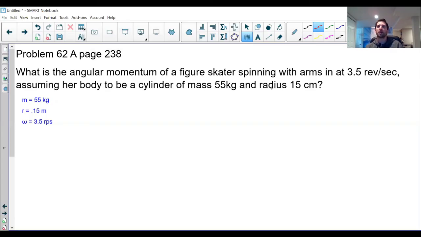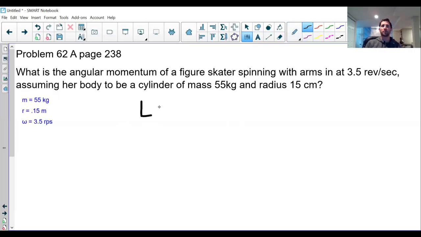Basically they're saying if the skater's got her arms in and she's spinning around like this, her body approximates the shape of a cylinder. With her arms out, obviously that would be different. But with her arms in, it's approximately a cylinder. So we're going to go with that as an approximation. We're going to treat her as a rigid object.